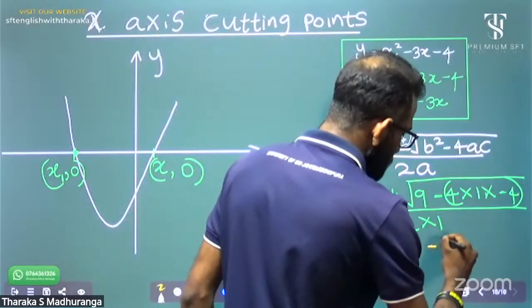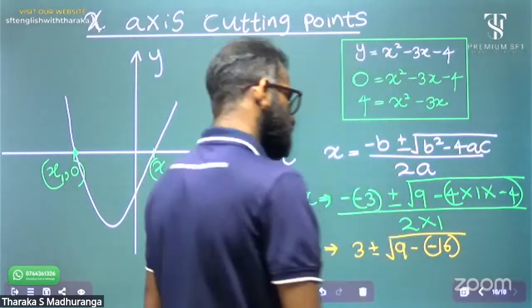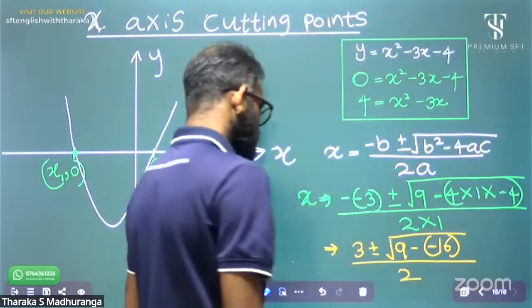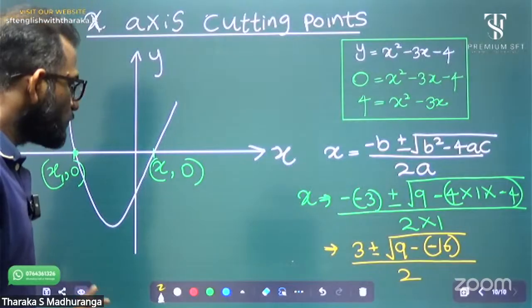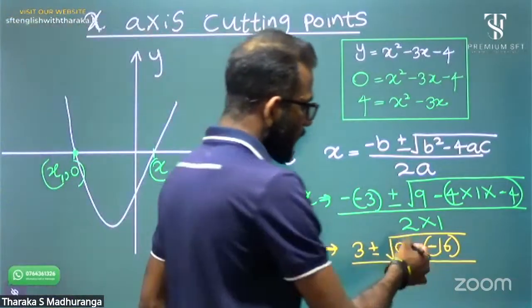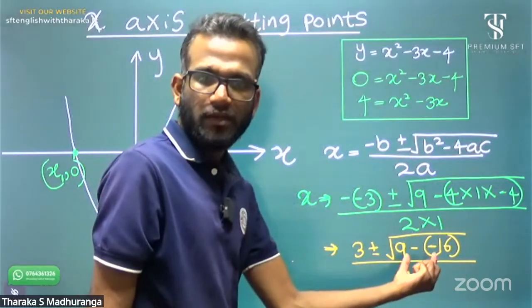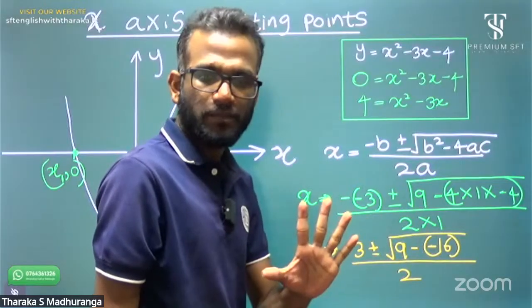Minus 16 is inside the square root, divided by 2. Right. Now we can solve easily. 9 minus 16, it is minus 25, right? Square root of 25 is 5.